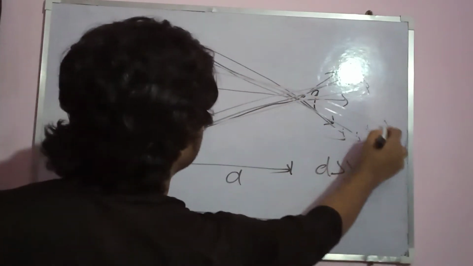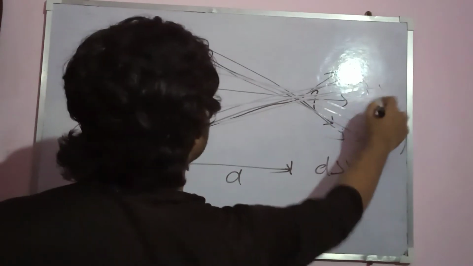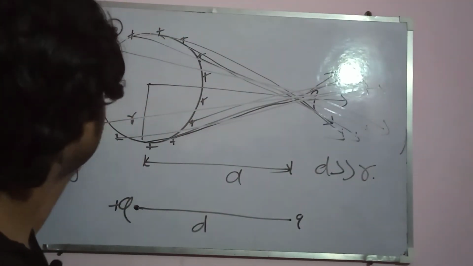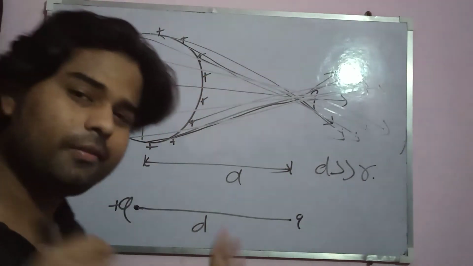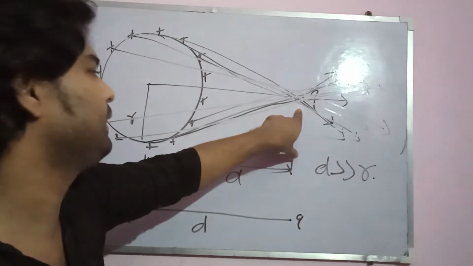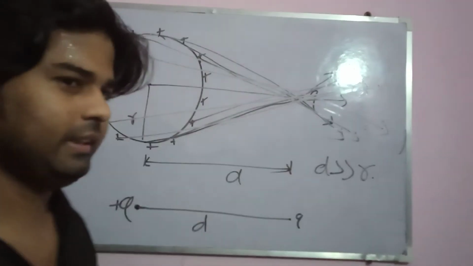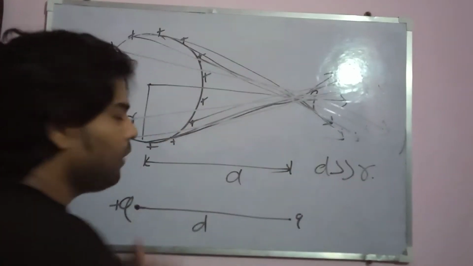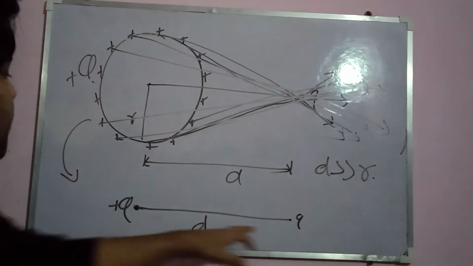Like this, I can put an infinite number of point charges over the surface of the sphere, and calculate the force by all the charges at this point and find the resultant. And what happens? My resultant will be closer to this value.